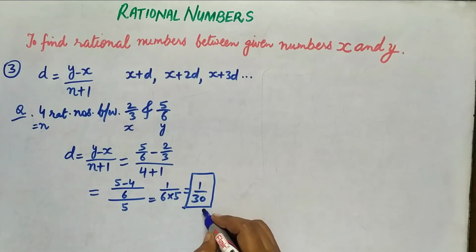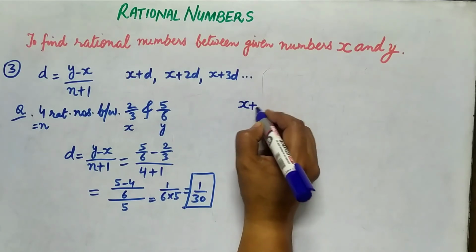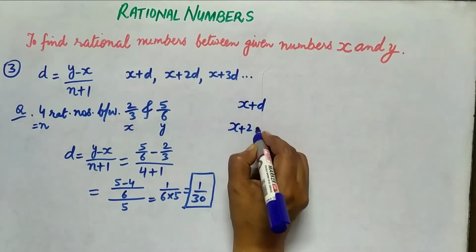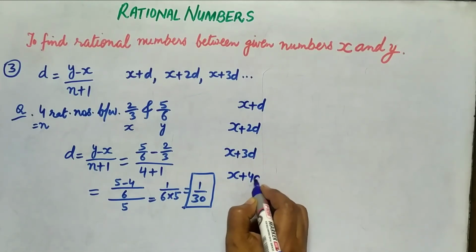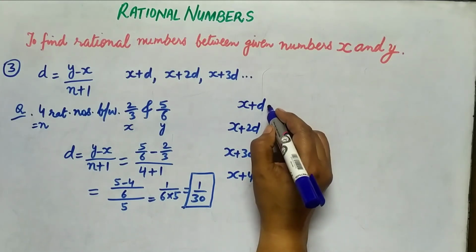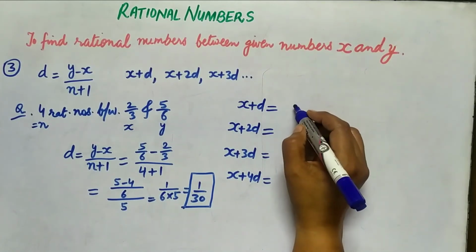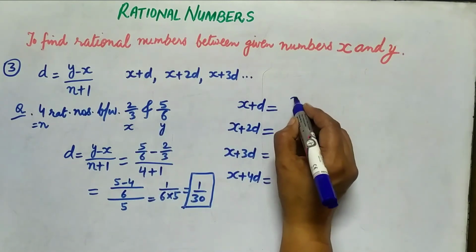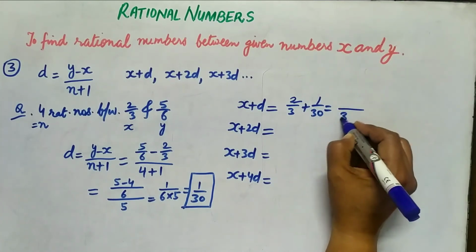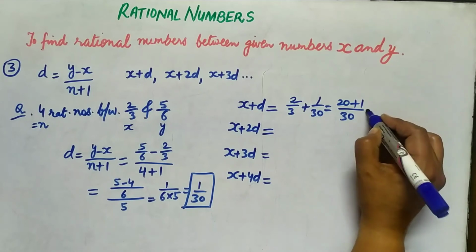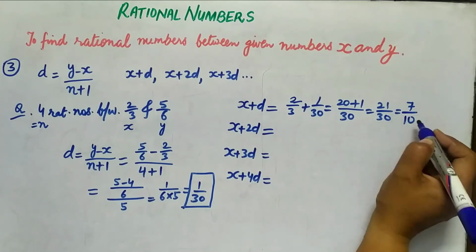Now with this d, we find the 4 rational numbers as x plus d, x plus 2d, x plus 3d, and x plus 4d. These are the 4 rational numbers. They will be equal to x, 2 by 3, plus d, 1 by 30. Taking the LCM and doing the calculations, it will be equal to 21 by 30, that is 7 by 10.